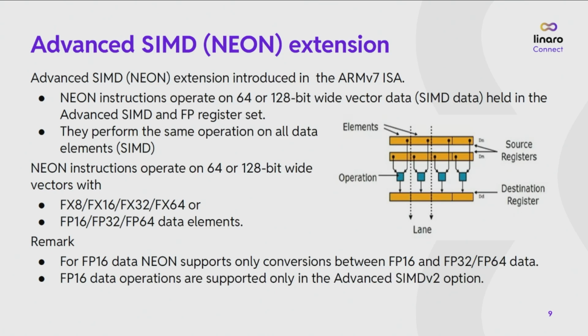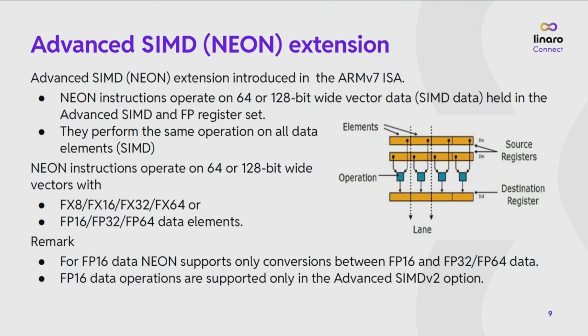The Advanced SIMD NEON extension was introduced in the ARMv7 instruction set architecture. NEON instructions operate on 64-bit or 128-bit wide vector data. They perform the same operation on all data elements.